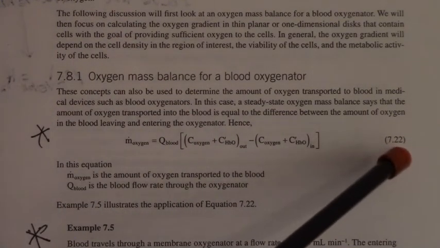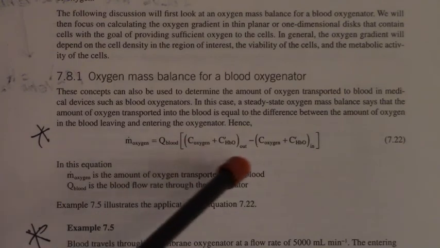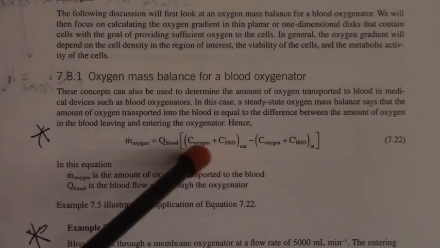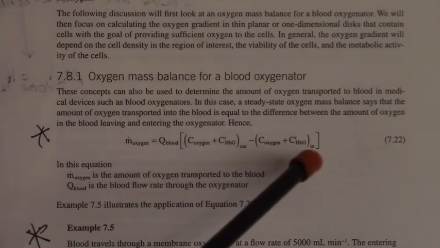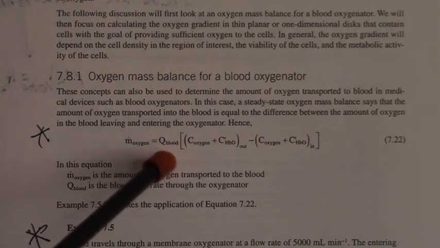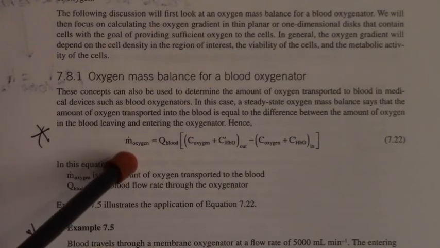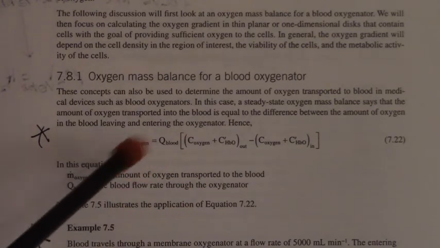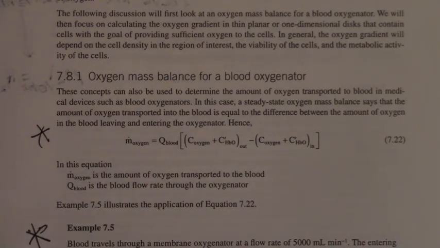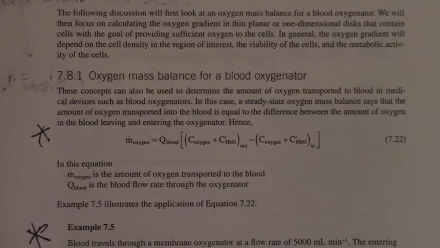The difference between the oxygen level in the exiting blood and the entering blood times the blood flow rate would have to equal the oxygen mass transfer rate, or the amount of oxygen that would have to be delivered. And that's illustrated in example 7.5.